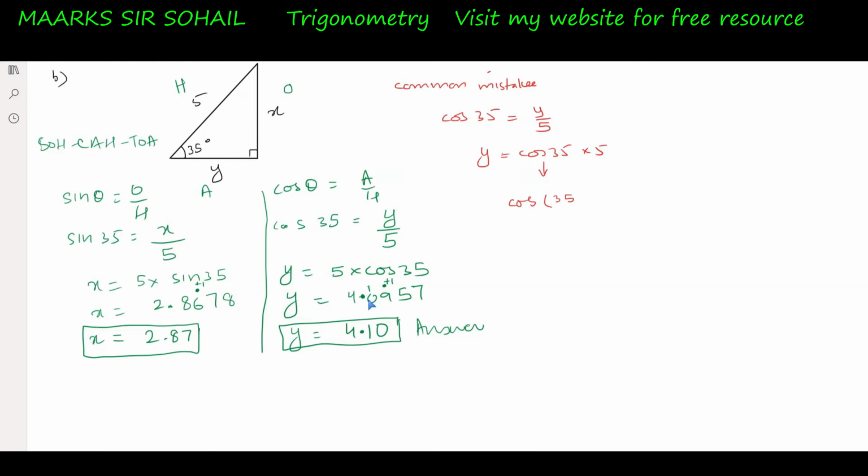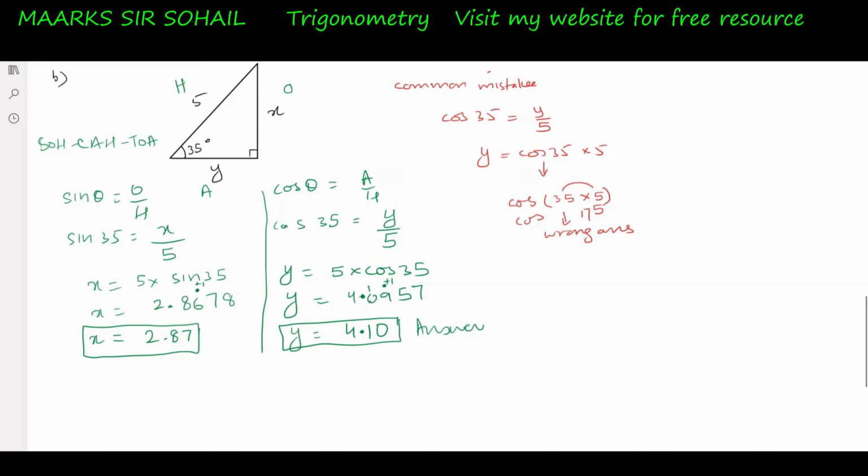Then what do students usually do? They multiply by 5 and they get the wrong answer. Why the wrong answer? Because the calculator will first multiply 35 by 5 and then find the cos. So it will find cos 175 instead of cos 35 into 5.